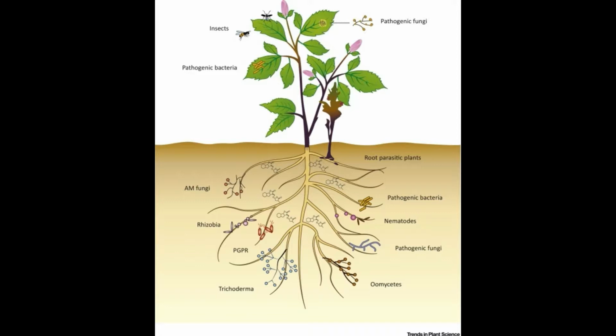I think it is helpful to remember that these relationships between organisms are nuanced, and especially in the realm of phytopathology, an organism can be innocuous in one context and extremely pathogenic in another.